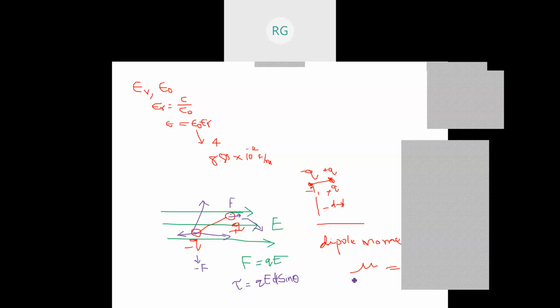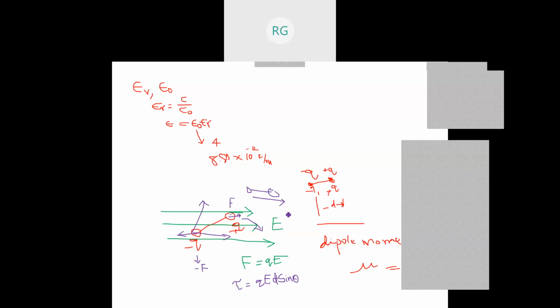When you keep it in an external field, the torque acting makes the dipole rotate and orient in the direction of the applied field. When it is in the direction of applied field, it will come something like this. Therefore, when dipoles are present in a dielectric material, these are randomly oriented.